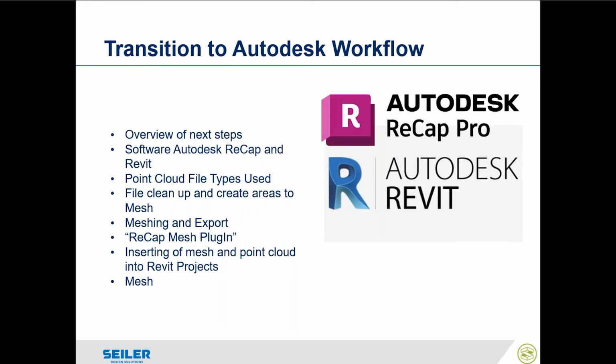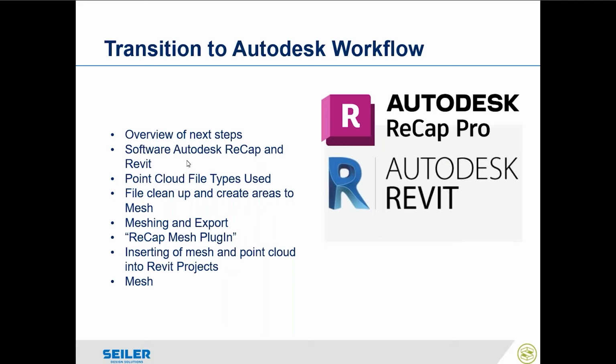We've even got a particular plugin that we can utilize called the ReCap Mesh plugin, and that will allow us to bring that mesh in from ReCap into Revit using categories to make these components out of this point cloud mesh into content within Revit.